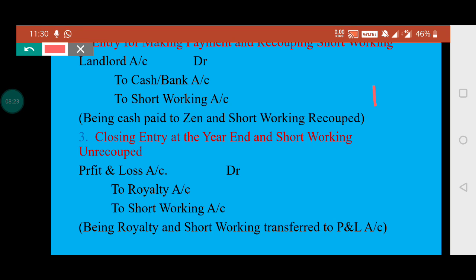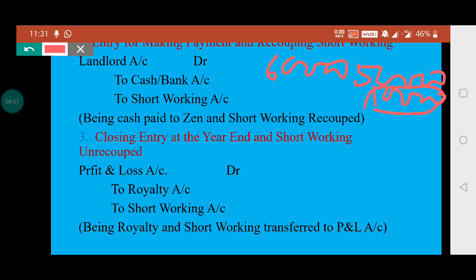Short working is 10,000, cash paid 50,000, total paid to landlord 60,000. You have recouped here. This 10,000 is recouped. So you have debited 60,000. Landlord account will be closed because you have credited 60,000 in previous journal entry.